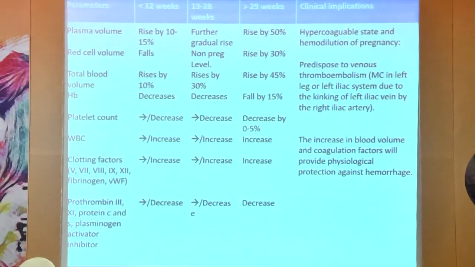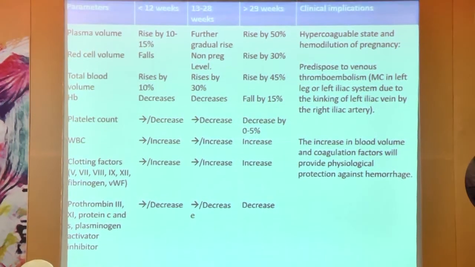The red cell volume falls early, then rises by 30%, but not as much as the plasma volume, resulting in the hemodilution of pregnancy. And another thing is the clotting factors 5, 7, 8, 9, and 12, along with fibrinogen, increase, and the prothrombin 3 and the factor 11, protein C, S, plasminogen activation inhibitors all decrease. So this leads to a hypercoagulable state in pregnancy.